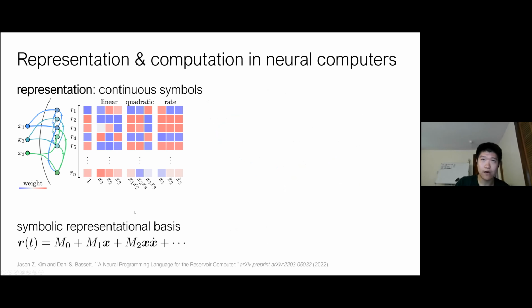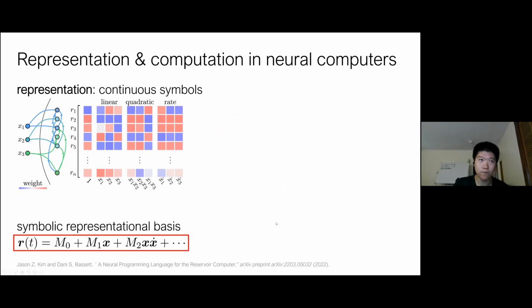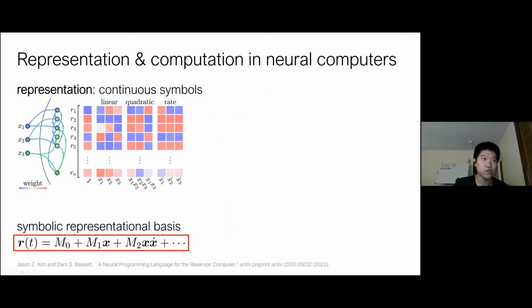So if you think about the equations, if x is 0 and d is 0, so there's no bias term and there's no inputs, then the neural states are just going to go to 0, right? And so that's kind of the same thing for the symbolic representational basis. This is just a constant vector that's there to serve as an offset.